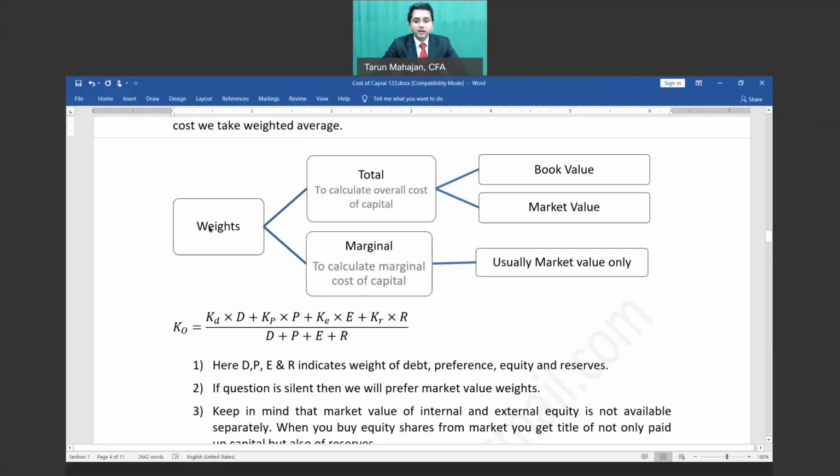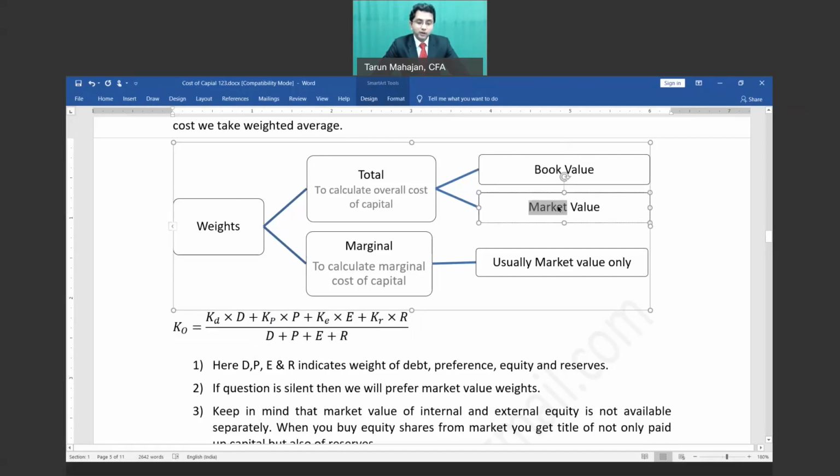How do I calculate average cost of capital? It's very simple. You take the individual cost, multiply it by the respective weight, and then make a sum total, and divide this by the sum total of all the weights. The weights may be of two types. Either it can be a book value weight, like the balance sheet value of debt, equity, preference, or it can be a market value weight.